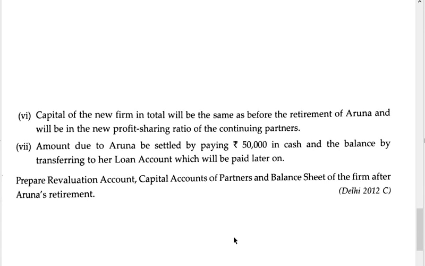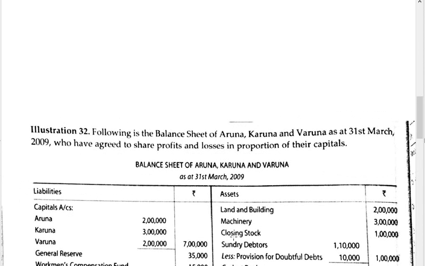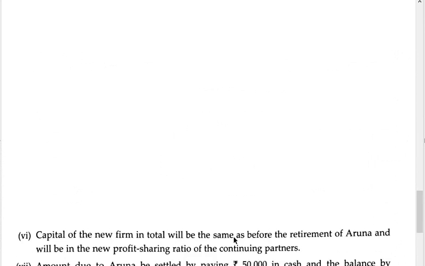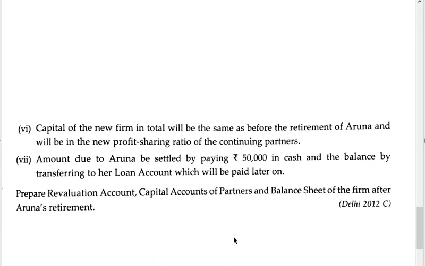He's straight away giving us the capital of the new firm. What is the capital before retirement? 7 lakhs. He says capital in total will be the same, 7 lakh only, which will be distributed in the new profit sharing ratio of continuing partners.